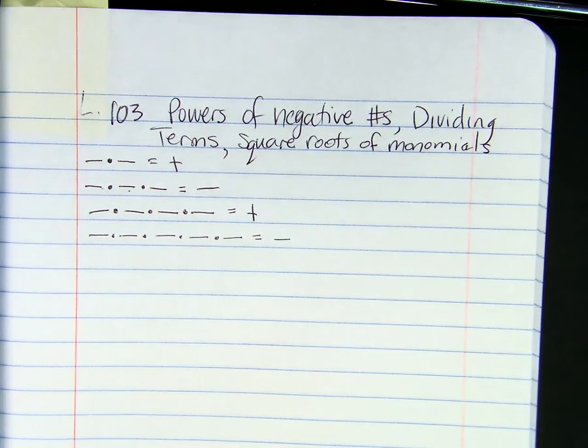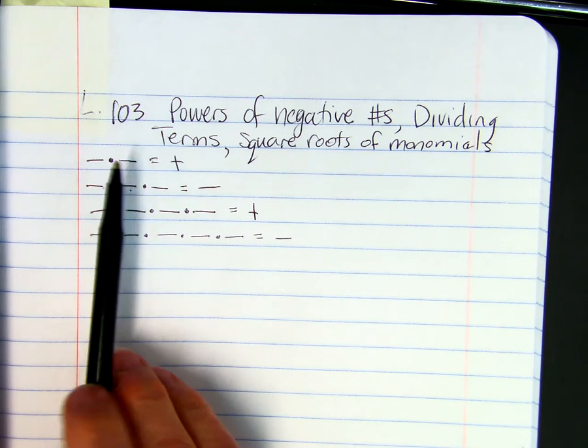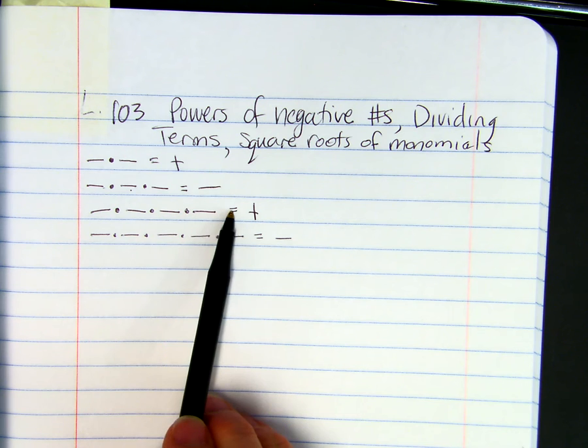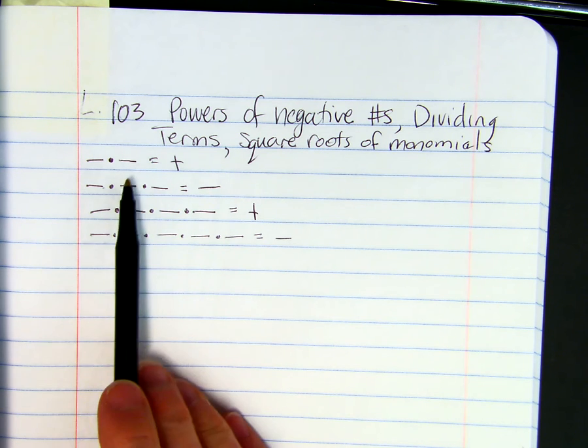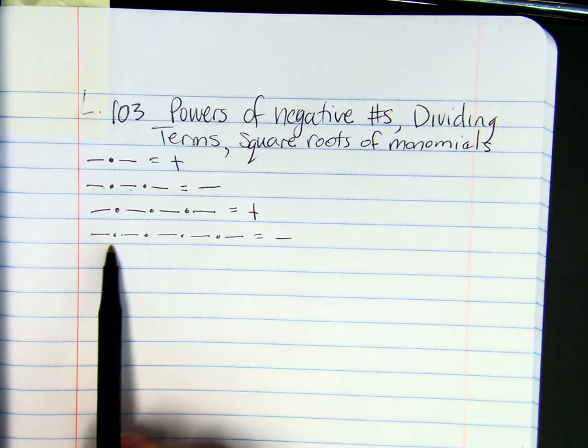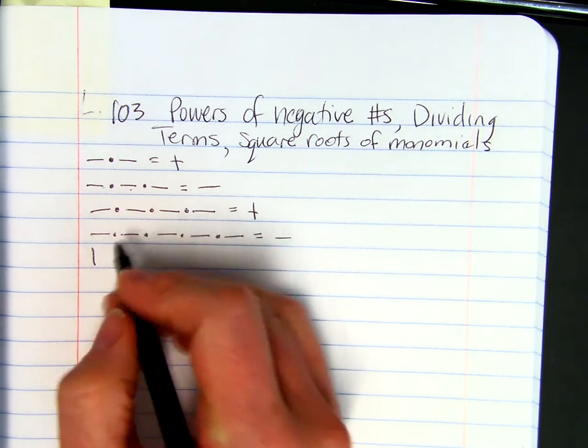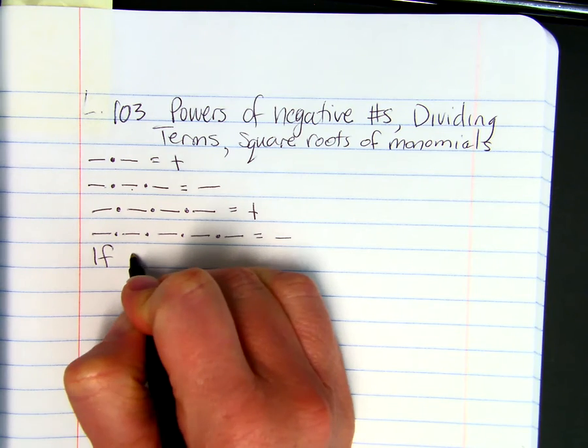Negative. Notice that when we have an even number of negatives, the answer is positive. When we have an odd number of negatives, the answer is negative. So we're going to write down what we have discovered.